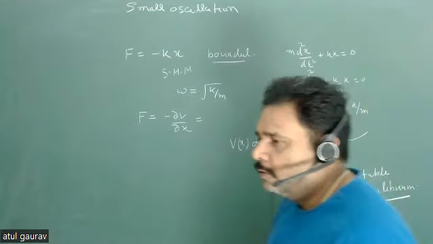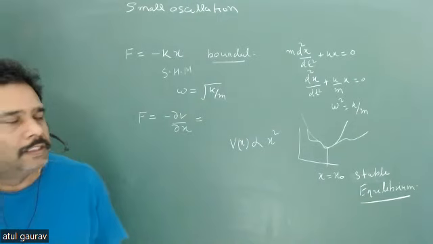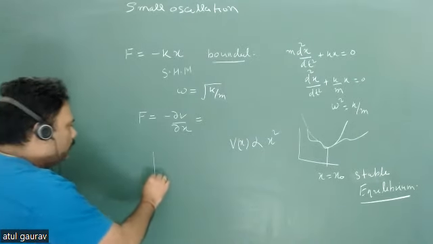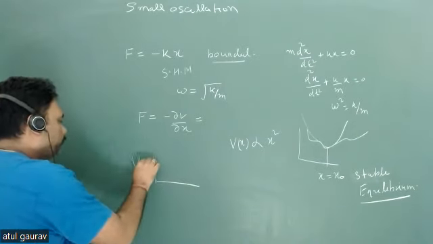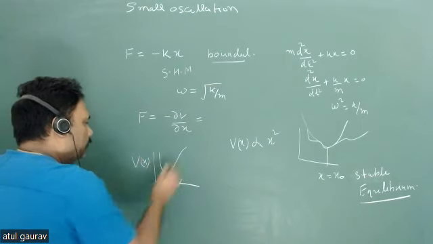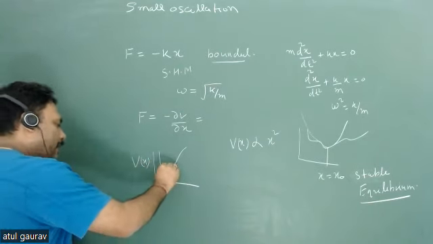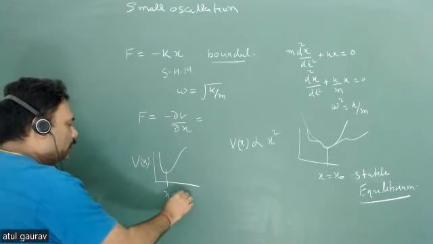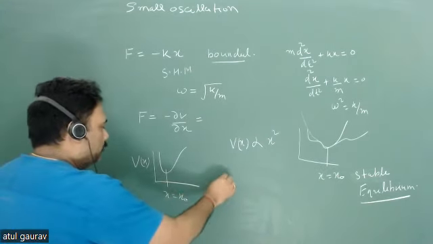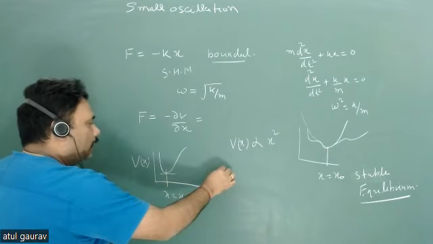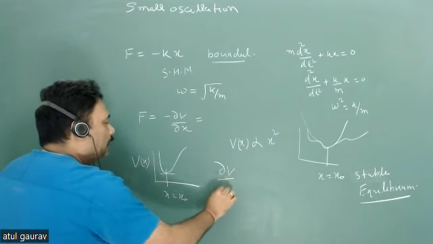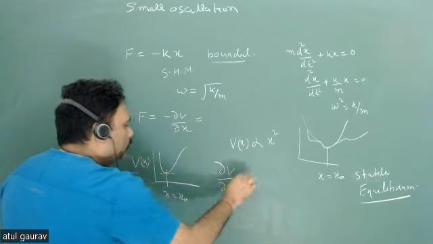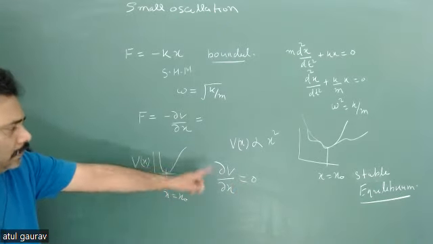So what is a stable equilibrium point? Suppose I have this kind of potential, and we have this x is equal to x naught. This is the minima of a curve.